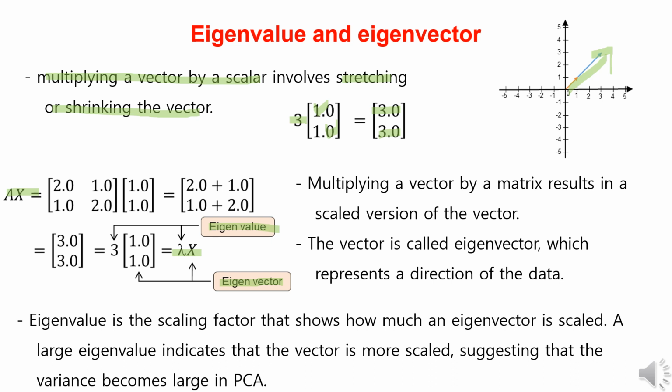In summary, eigenvectors represent the direction, while eigenvalues represent the scaling factor of the transformation. Thus, larger eigenvalues indicate that the vector's magnitude increases, which means that the data distribution spreads out, resulting in larger variance. By the way, there is a video explaining eigenvectors and eigenvalues, which will be very helpful to understand this topic.